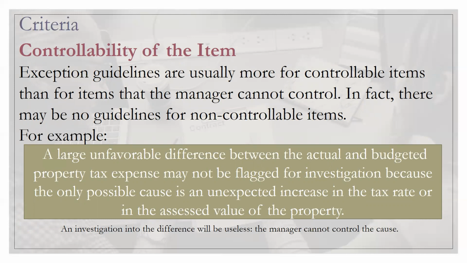For example, a large unfavorable difference between the actual and budgeted property tax expense may not be flagged for investigation because the only possible cause is an unexpected increase in the tax rate or in the assessed value of the property. An investigation into the difference will be useless. The manager cannot control the cause.